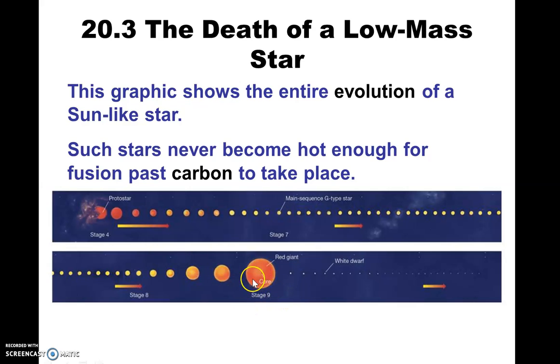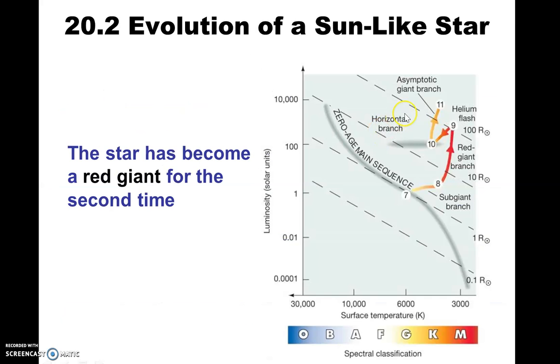Eventually, this second red giant phase will eventually, as we're going to see, let's go back to this. These red giants will stay up here for a while, and will eventually end up way down here. And so notice what that means, right?